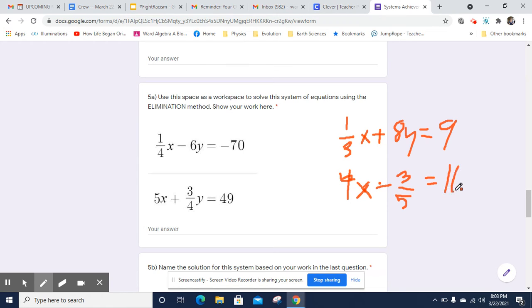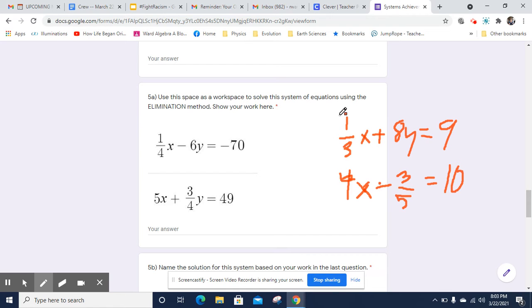Probably the easiest one to tackle would be to try to get this 1/3 to become a 4. The way you would do that is you'd multiply 1/3 by 12, because 1/3 times 12 is 12/3, which is 4.